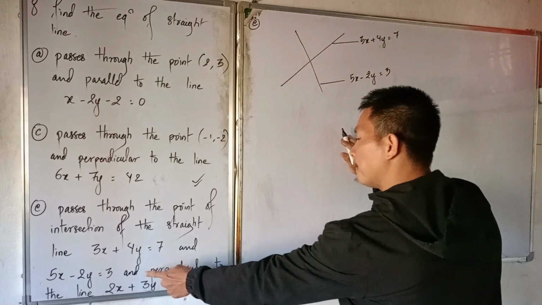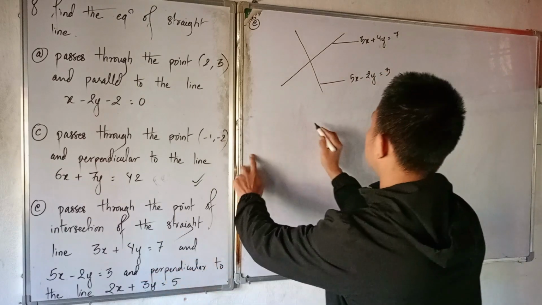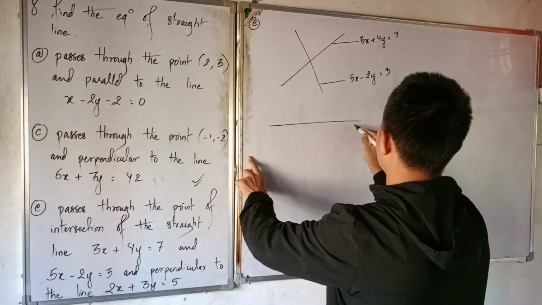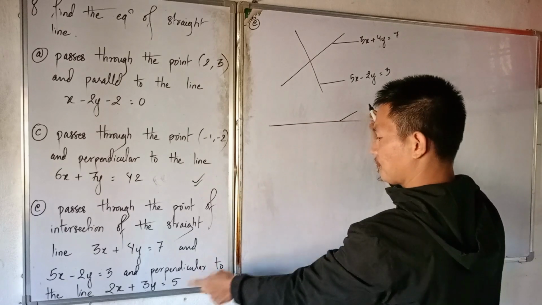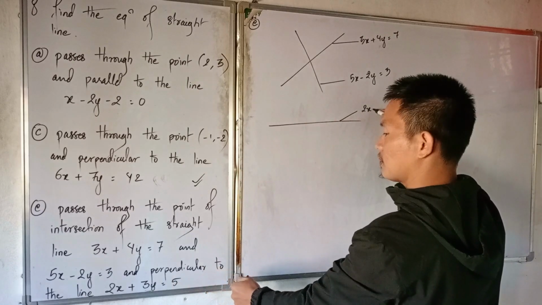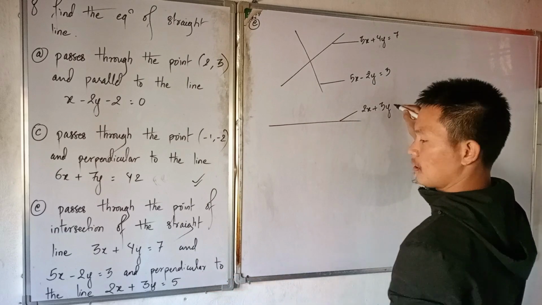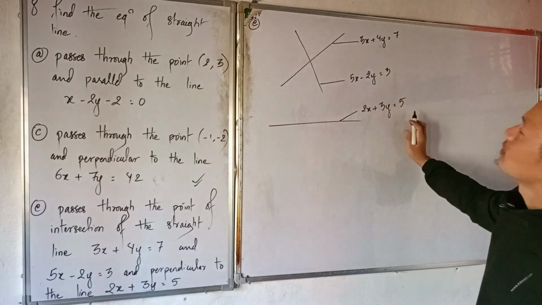And perpendicular to the line, so one line is given here, 2x plus 3y equals 5.